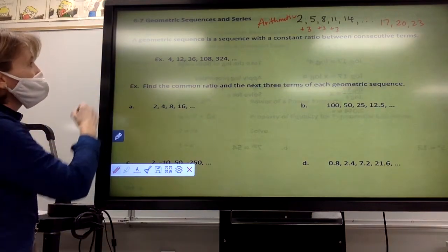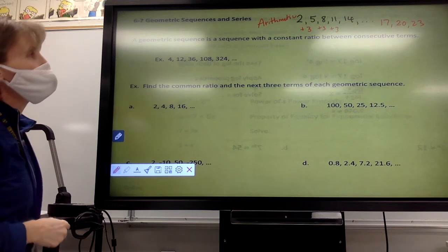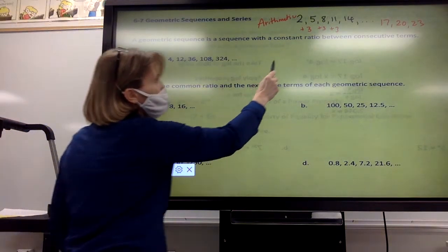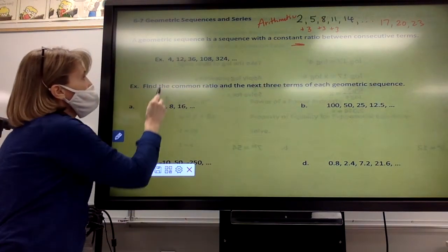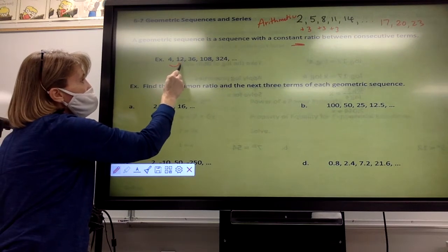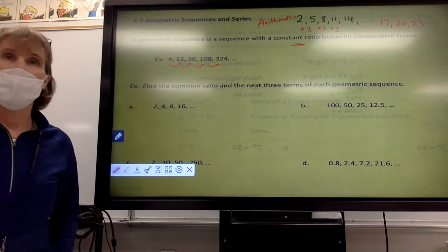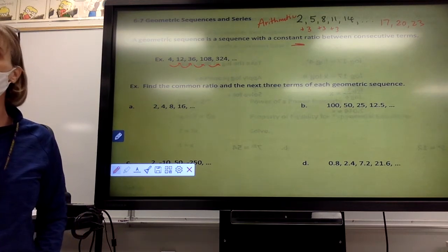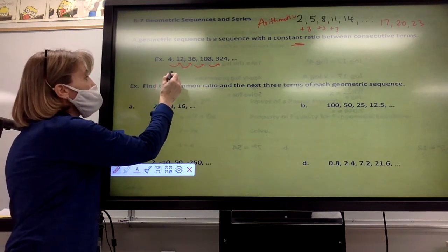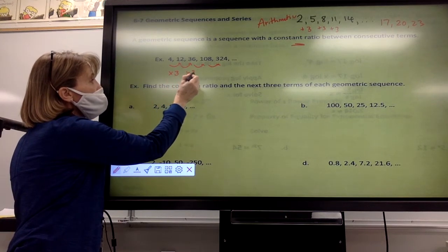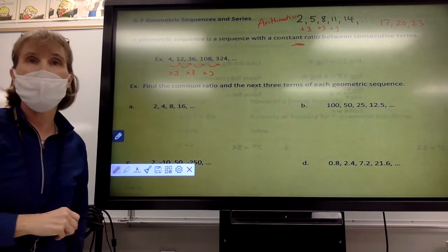Now we're going to look at what a geometric sequence is. It's a sequence with a constant ratio between the terms. When you look at the terms, what do you see happening each time to get to the next term? Now we're multiplying by 3. That's what makes it a geometric sequence.